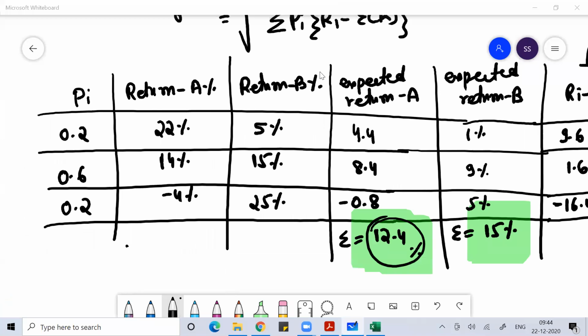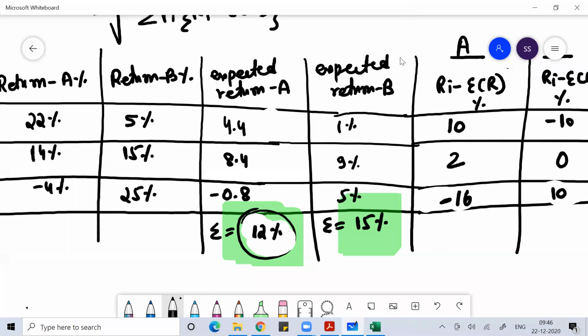Okay, so guys, let me check. Your first one is 4.4, Yogeshwari. Guys, a small mistake was there in the expected return. So the expected return on A was 12%.